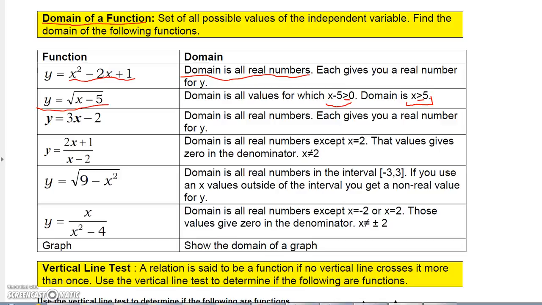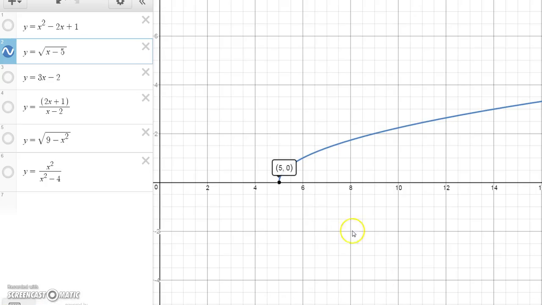And if I show you the graph of that, you'll see. If you look at the graph, this blue graph here is the graph. And notice it starts at 5. And then if you go to the right, you can go as far as you want, and you'll get any x value. So you can plug in any x value greater than 5 or 5.